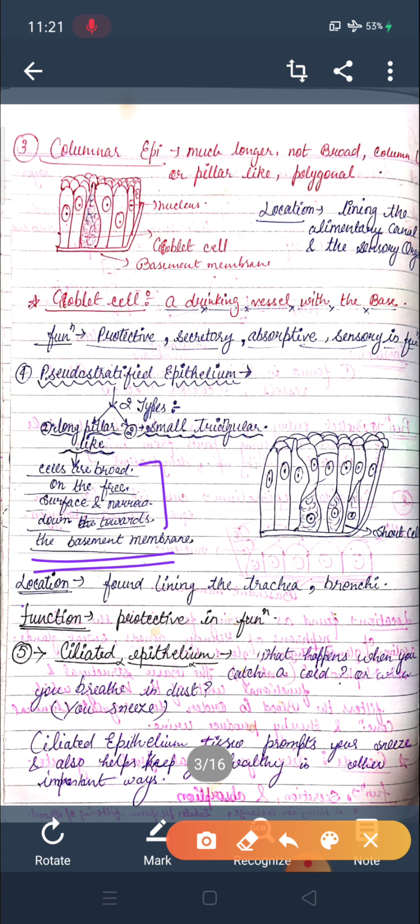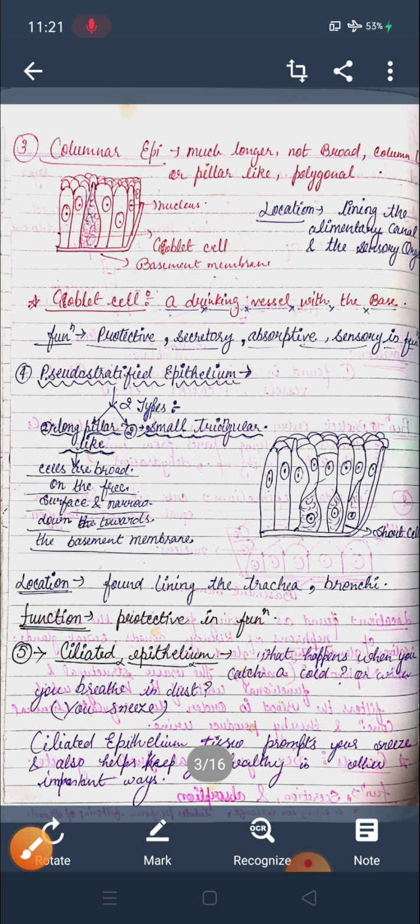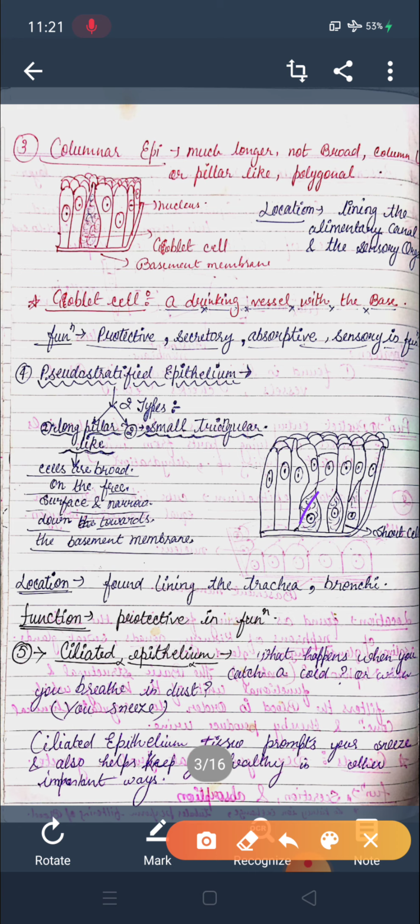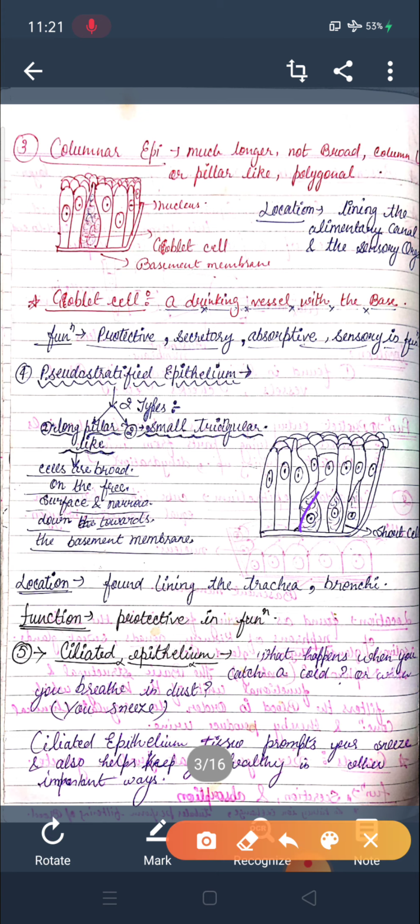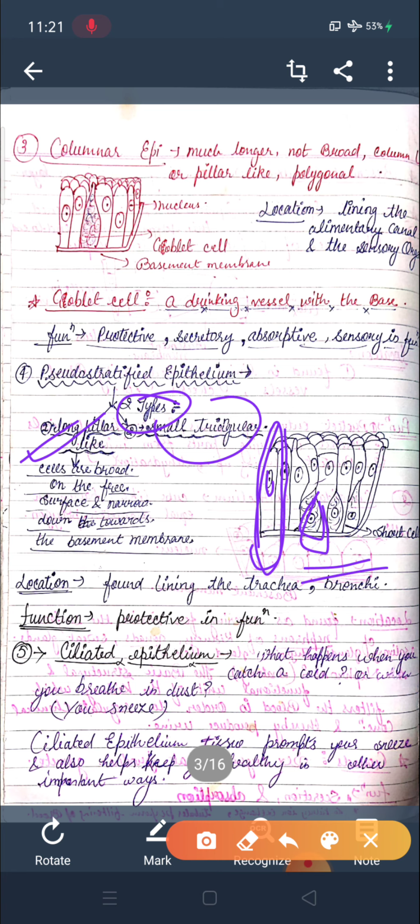Here I am going to explain to you that this is a triangular shape, small triangular, see carefully, and second type long, this is pillar like. So it is having two types, long pillar like and small triangular type.